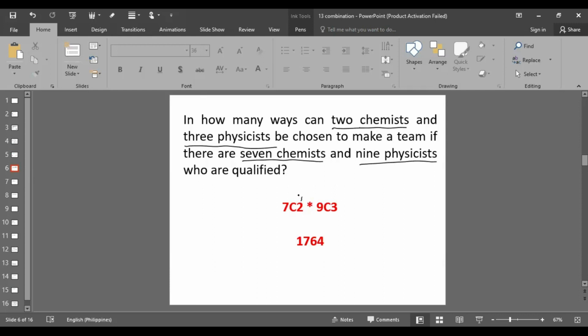Okay, so 2 out of 7 chemists to be multiplied by, and we have 1,764. Wala tayong masyadong special case sa combination. Okay, focus na lang tayo dito sa mga examples na ibinigay ko.